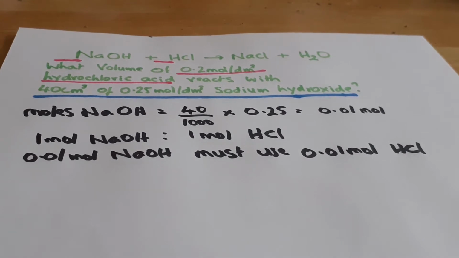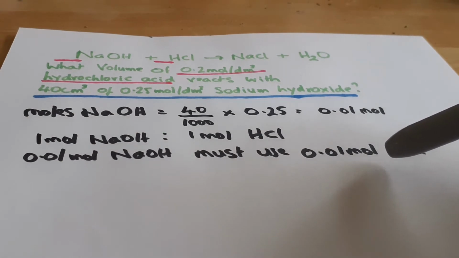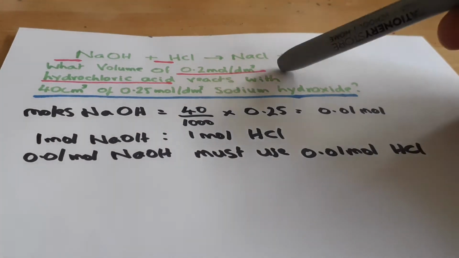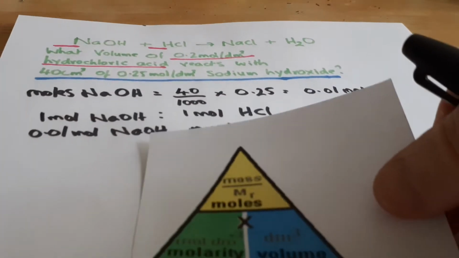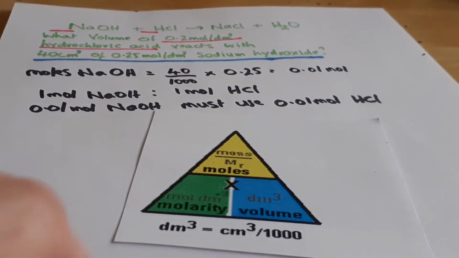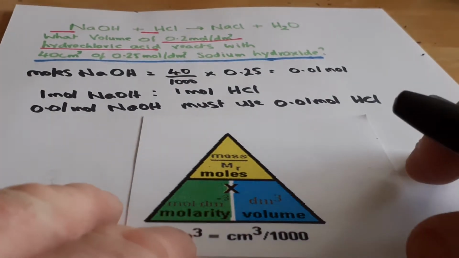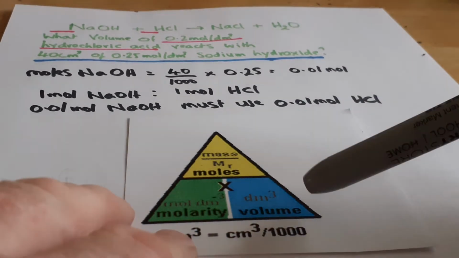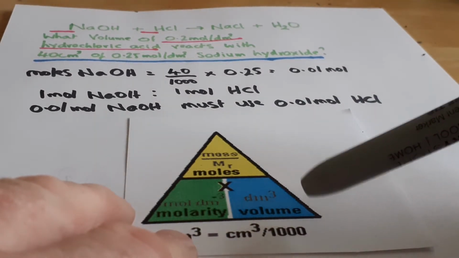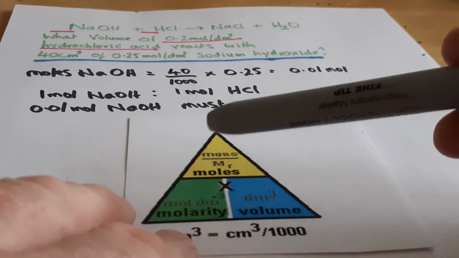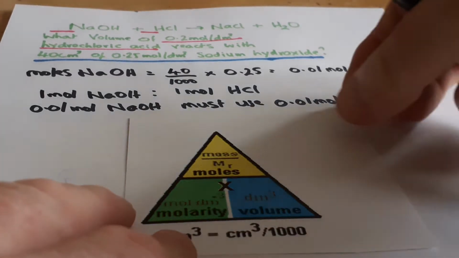What they want us to find is the volume of HCl. We know the number of moles of HCl and we know the concentration of HCl. So using our equation, the volume will equal number of moles divided by concentration.